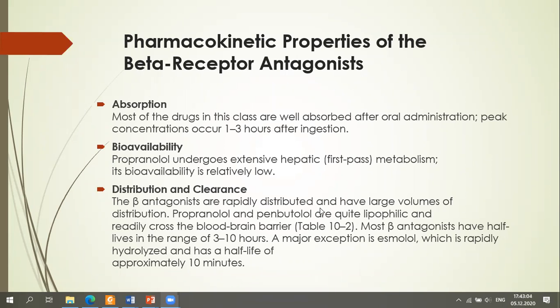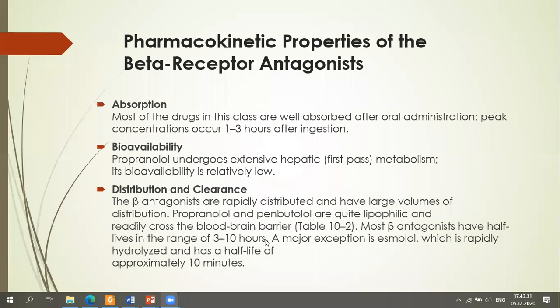The beta antagonists are rapidly distributed and have large volumes of distribution. Propranolol and penbutolol are quite lipophilic and readily cross the blood-brain barrier. The important part here is that, according to their structure, lipophilic substances can easily pass the blood-brain barrier.